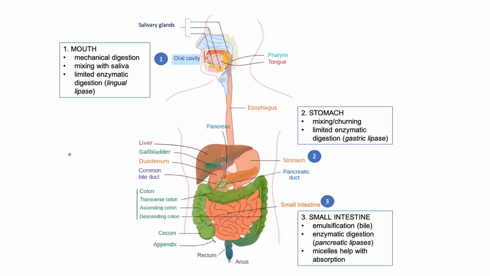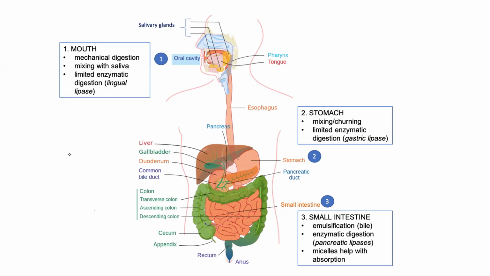The digestion of lipid usually takes place in three major parts: the mouth, the stomach, and the small intestine. The digestion in the mouth is a limited enzymatic digestion, because it does not fully digest the lipids.